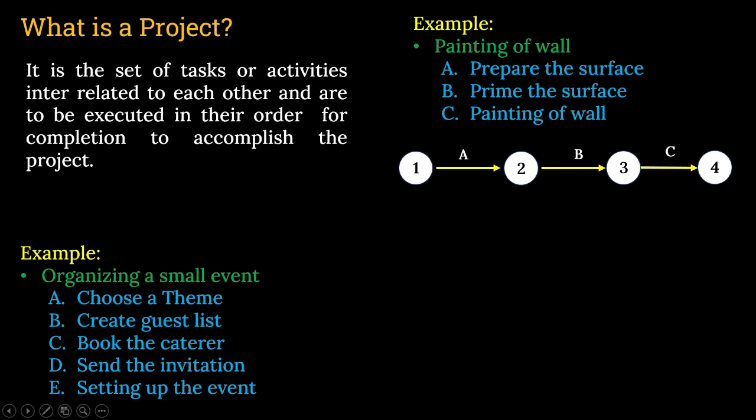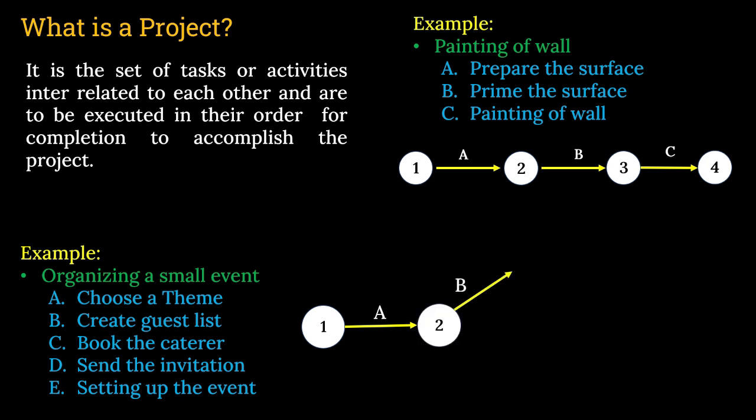Here you can see I'm trying to put it first in a network form to visualize the task. First is A, choose a theme. Once the theme is chosen, then we can do 2 things at a time.